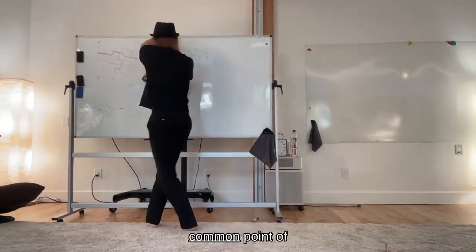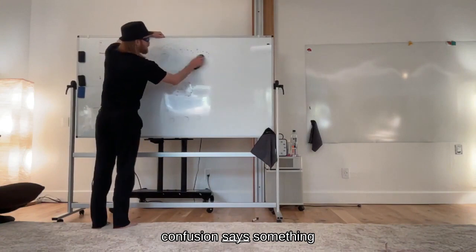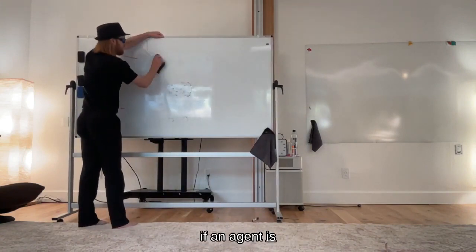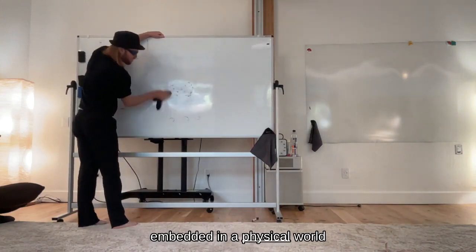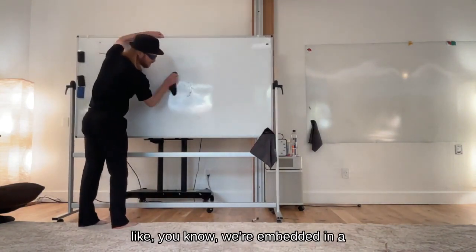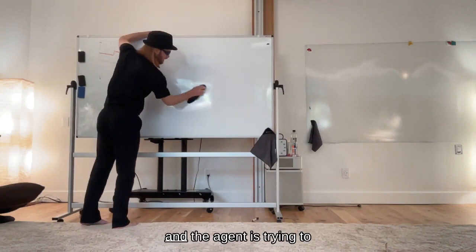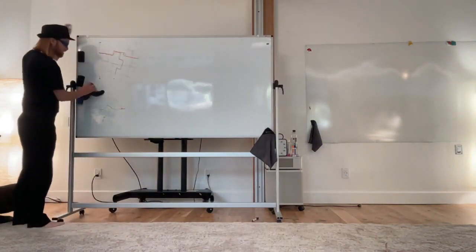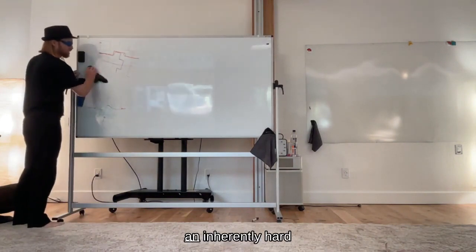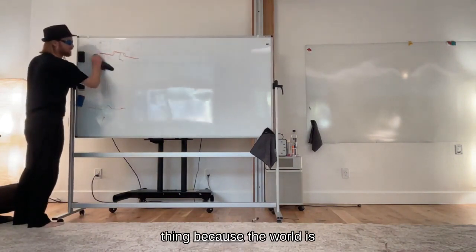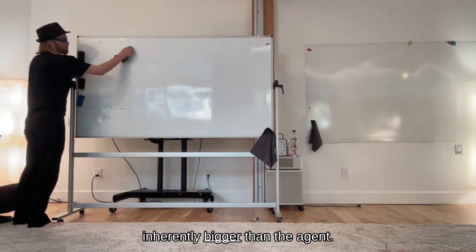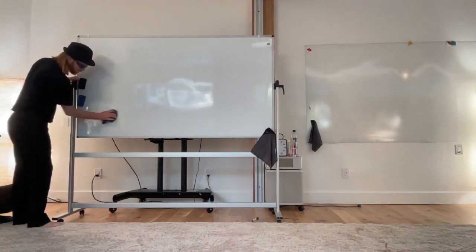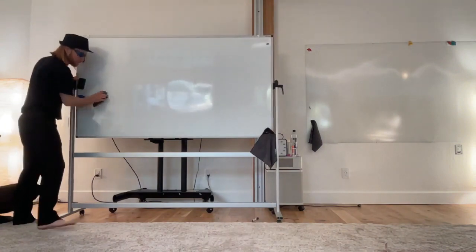The common point of confusion says something like, if an agent is embedded in a physical world, like we're embedded in a physical world, and the agent is trying to model both the world and itself, that's an inherently hard thing because the world is inherently bigger than the agent. Like the world contains the agent and therefore it must be bigger. Does that make sense? Yeah.